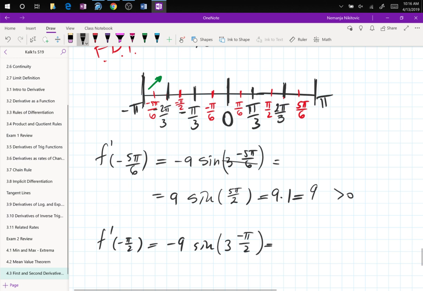So minus and minus are gone. So that's 9 sine of 3 pi over 2. So this is 9 times negative 1, which is less than 0, and you see an arrow going down, arrow going up, arrow going down, arrow going up, arrow going down, and you got your min and max values for free.